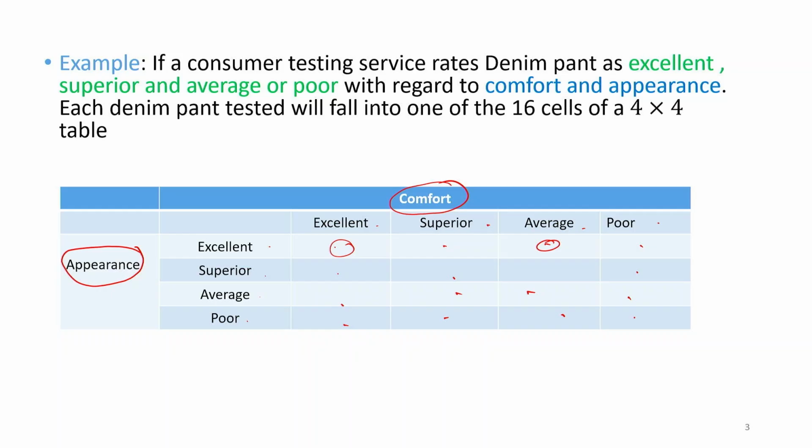Hence we say that here is a 4x4 table, and the data are classified according to their comfort and appearance, and rating is excellent, superior, average, poor. So this kind of situation may appear.